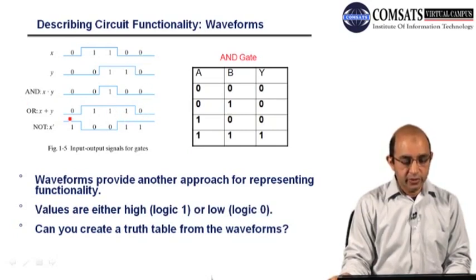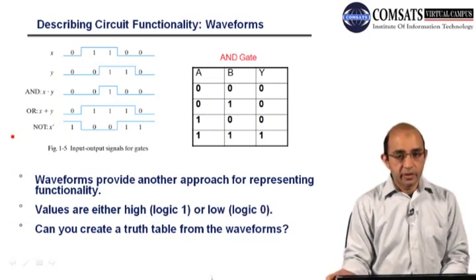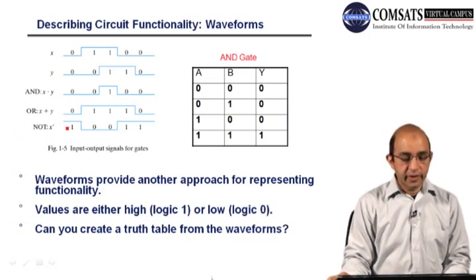So this is the NOT. If you talk about this X, this is the mirror image of this X, or the inverter or inverse of this X. So here we have a 0 and here we have a 1. So here 1, 0, 1, 0, 0, 1.